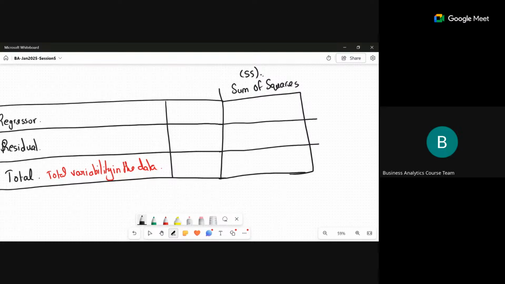How do you calculate the variance? What is the variance? Let's start from that. What is variance? Come on, guys, you have to answer. Only if you answer, I can give you the solution.